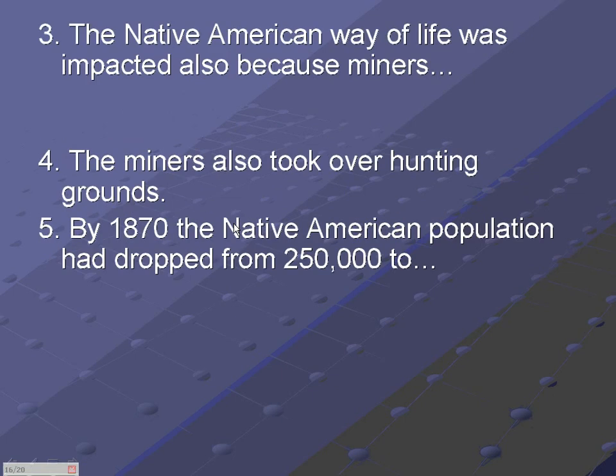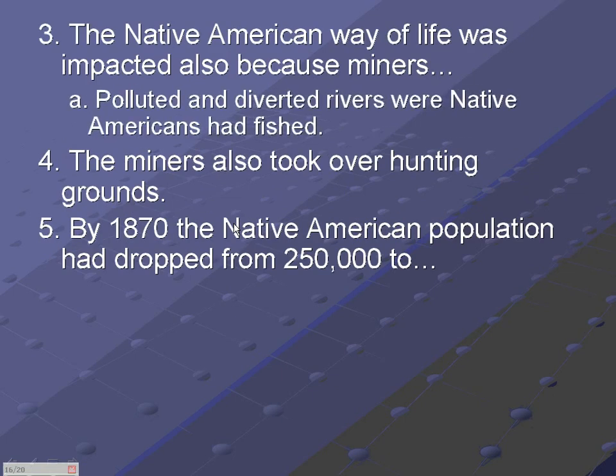The Native American way of life was impacted also because miners diverted and polluted rivers. So if a river is flowing down this way and you find gold over here, you need water over there to mine this gold. The process of gold mining takes a lot of water.